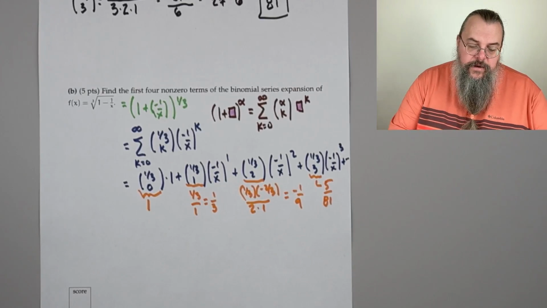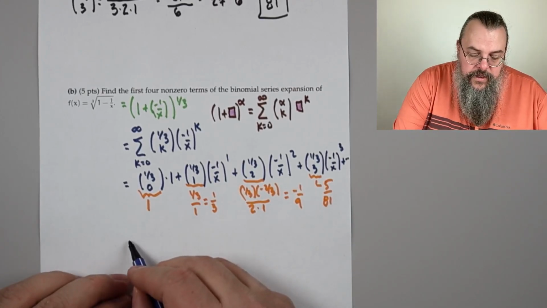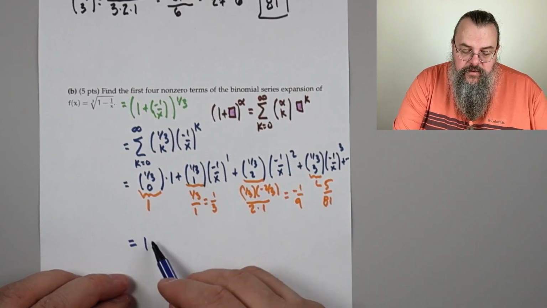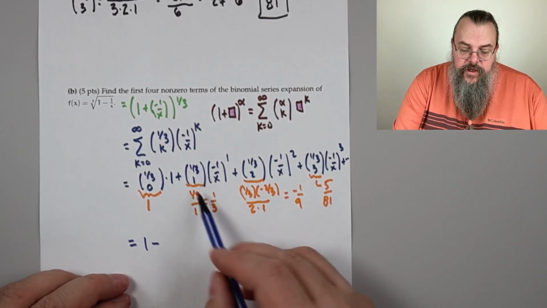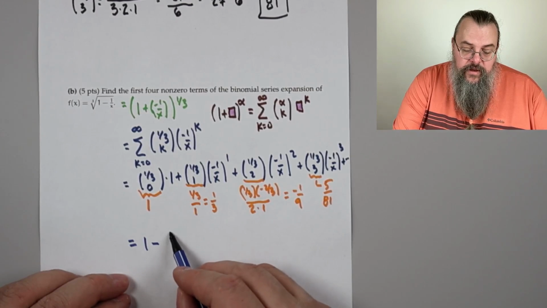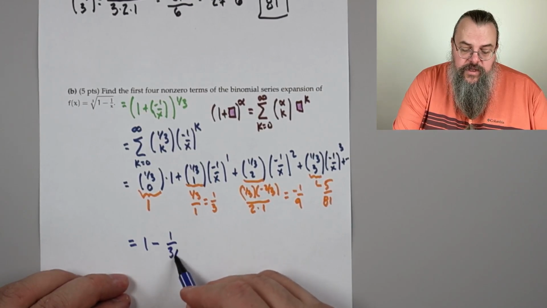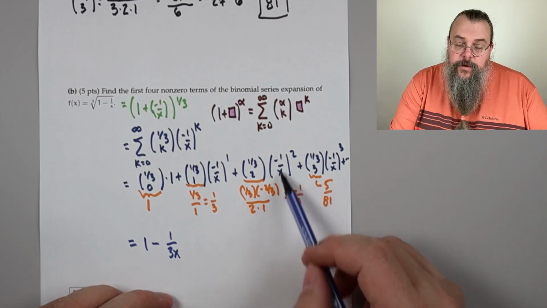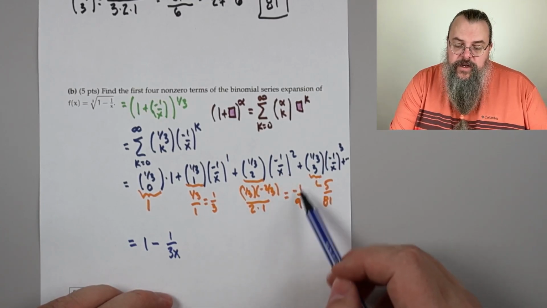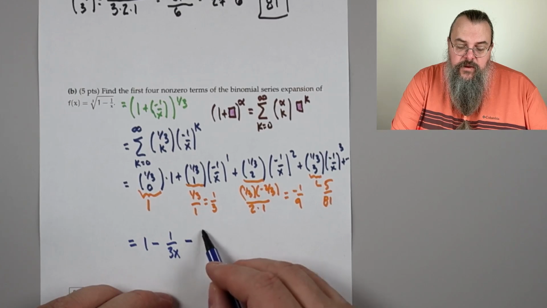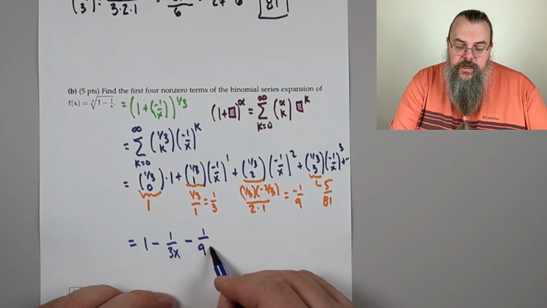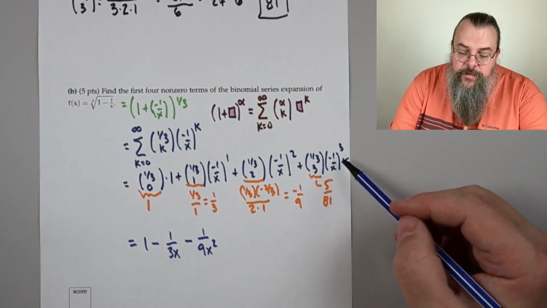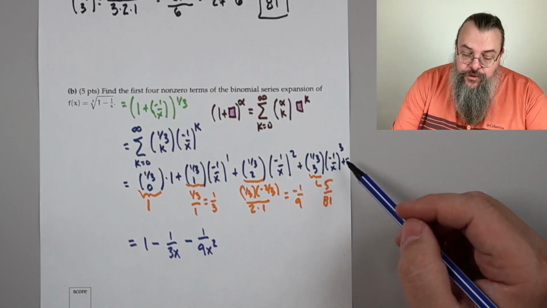So we now have 1. Here, we're going to have a minus 1/3 times 1 over x. So, well, okay, I can put the x downstairs. Now, the next term, we're going to have 1 over x squared times minus a 9th. So minus 1 over 9x squared. The next term, minus 1 over x cubed.